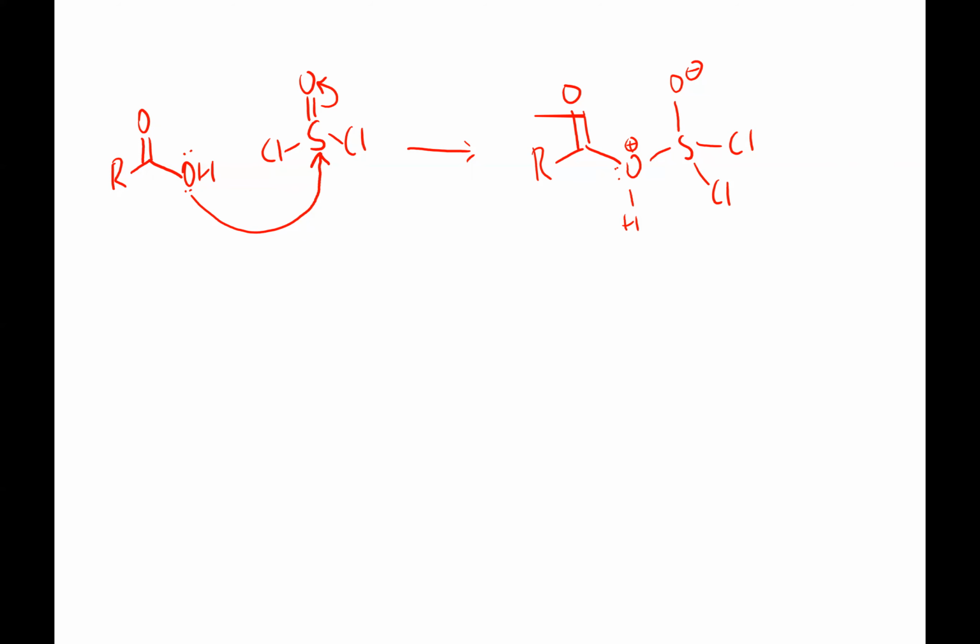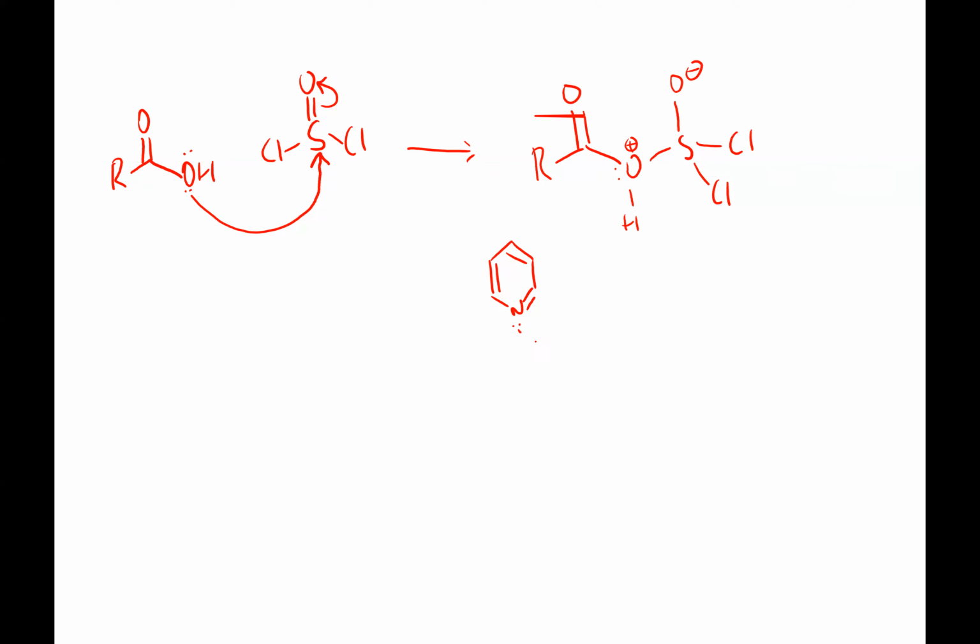What I wanted to point out here, and I'm going to draw pyridine, is that we often add pyridine to these types of reactions. Not just this preparation of the acid chloride, but also in a few more of these carboxylic acid derivative reactions, especially the ones with acid chlorides.